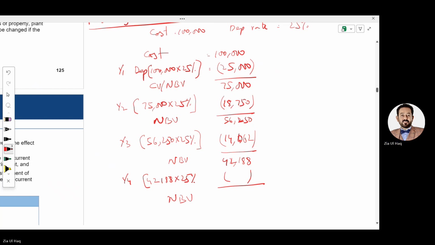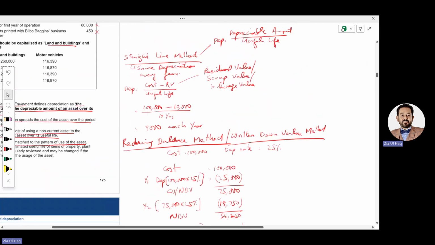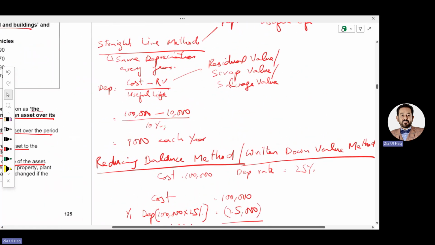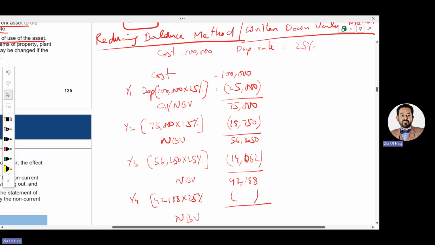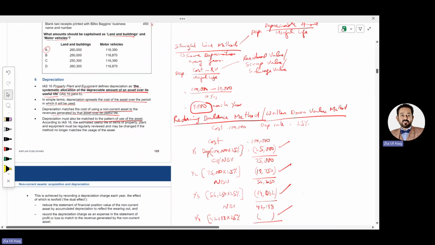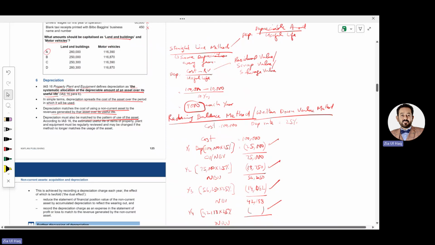Have you seen? In the straight line method, we are charging the same depreciation every year, while in the reducing balance method, the depreciation every year is reducing. That's why it is called the reducing balance method. Whether we should use the straight line method or the reducing balance method depends upon asset usage.